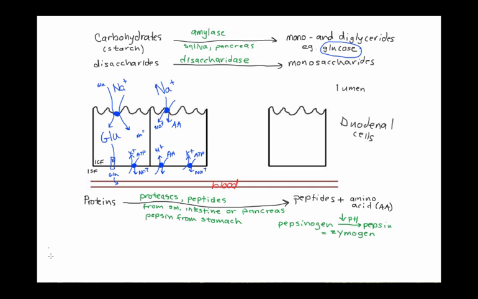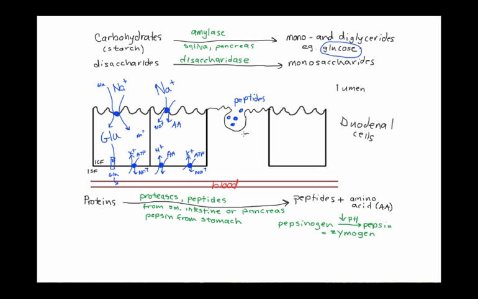There is another way that peptides can be absorbed, and that's through the process of transcytosis, which is why I left this cell the way it is. And that is, we can have endocytosis of pieces of proteins. So I'm going to draw some, these are peptides right here. We would never absorb a whole protein because by the time they get into the small intestine, they're broken apart anyway.